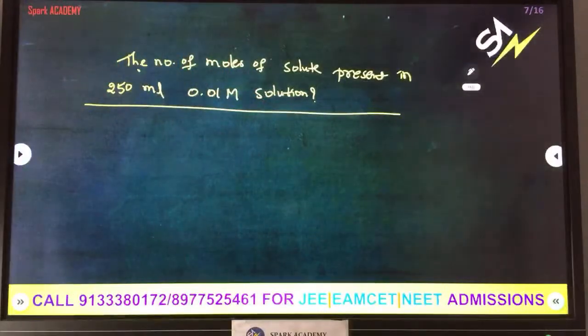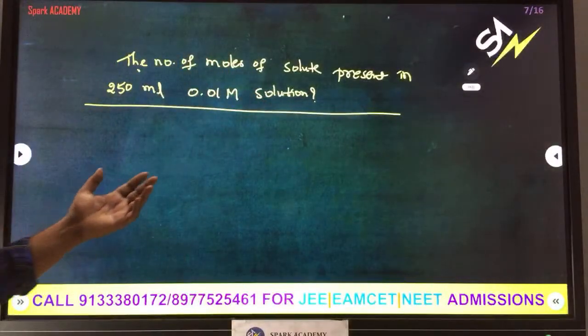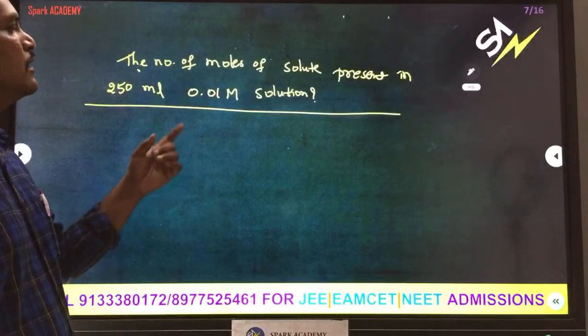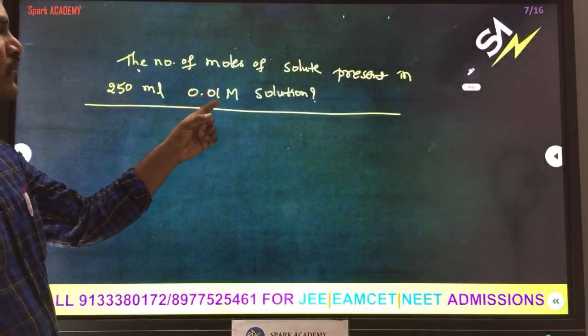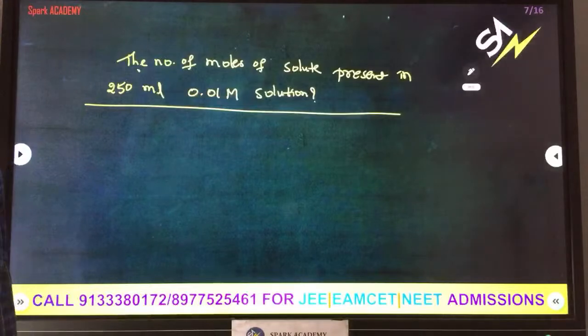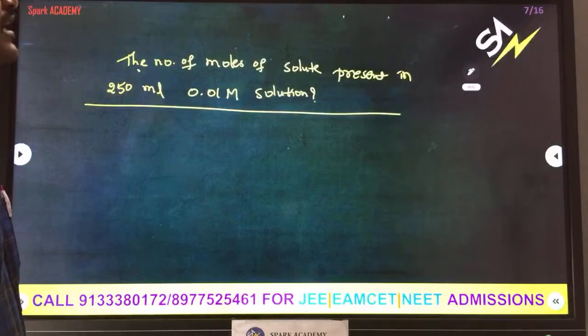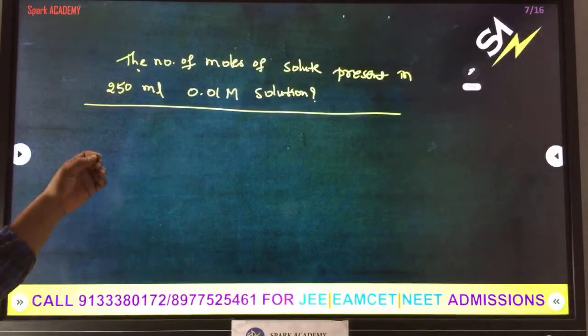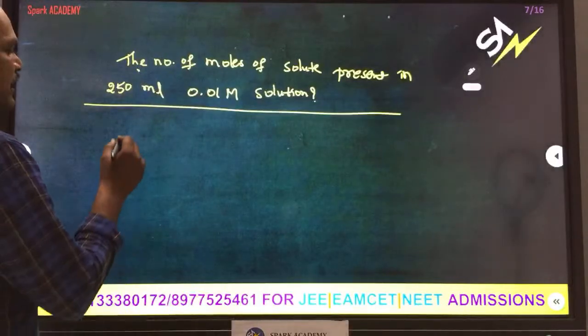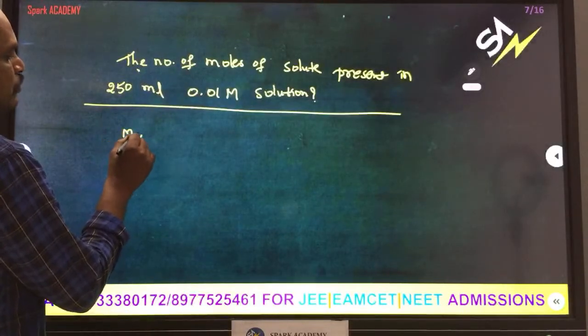So this we should find here. Listen, what values are given here? 0.01 M means the molarity is given. The volume is also given, so the number of moles we should find. Very easy. The molarity formula can be applied here.